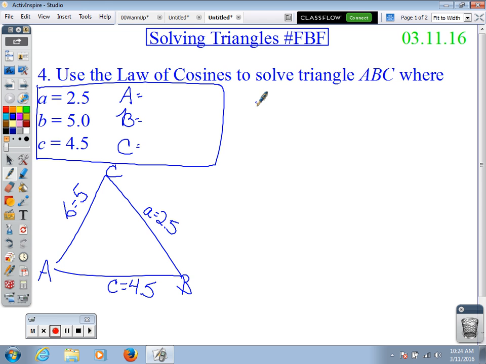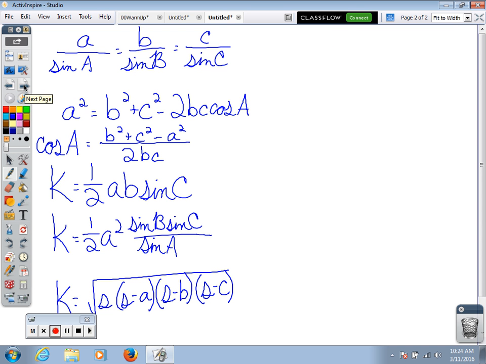Now, if we don't remember it, we can flip back and refer. We have the law of cosines right here. Now we're looking for cosine of B instead of cosine of A. So our formula is slightly different, but it's still the same principle, same idea.